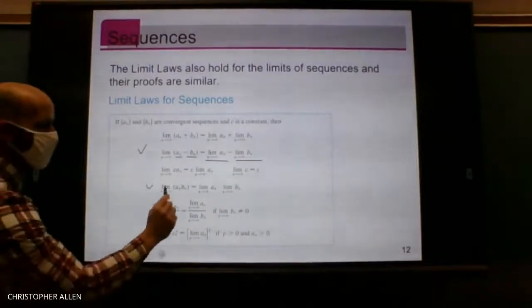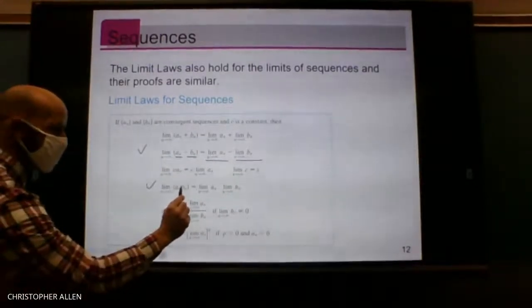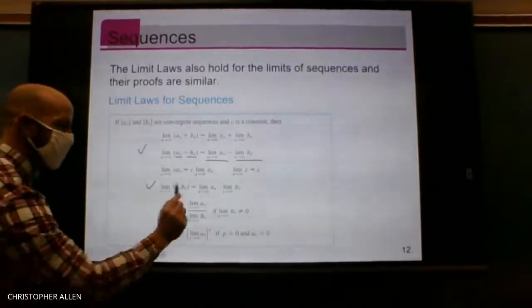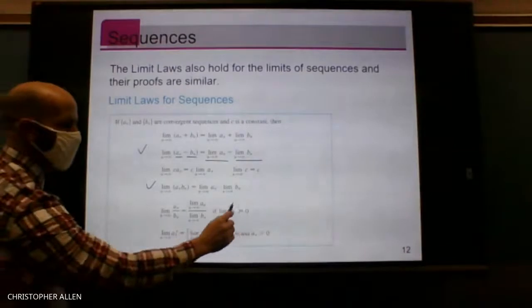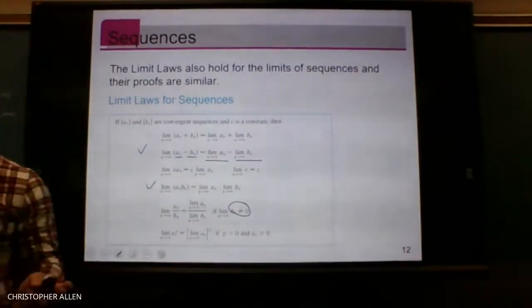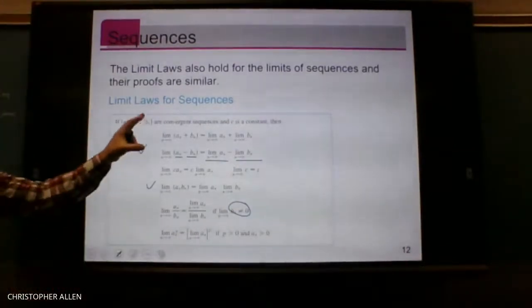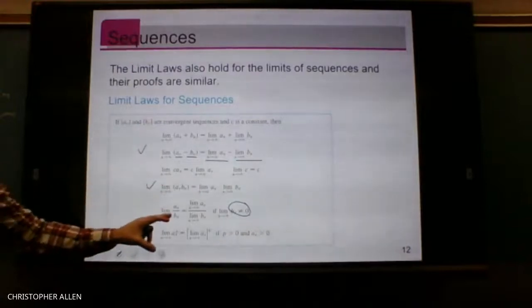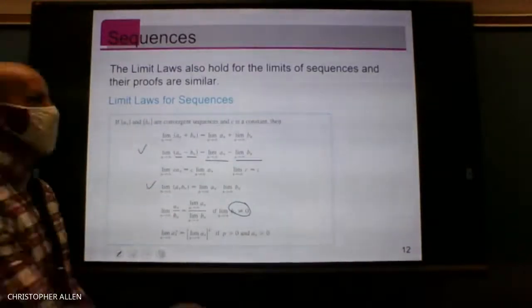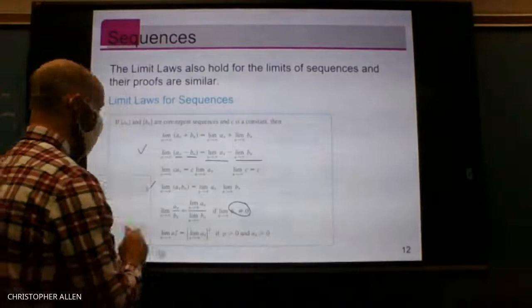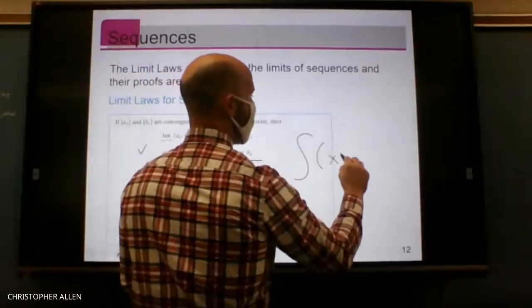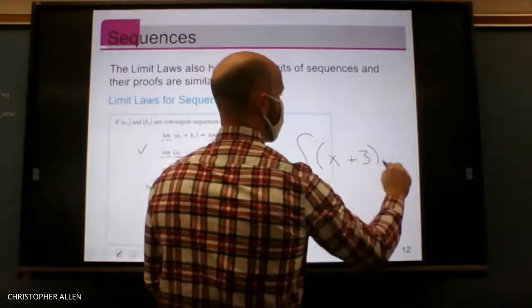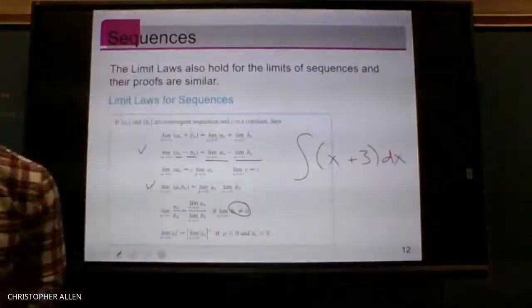Product rule. So this sequence times this sequence, if we take the limit, we can just simply break those apart. Division is true as long as we're not dividing by 0. So there's no big surprise here. So these are important for you to know, but they're kind of intuitive. It's just like when I would ask you a question like this in the past. If I would have said, what is the integral of x plus 3 dx? How would you do that integral?